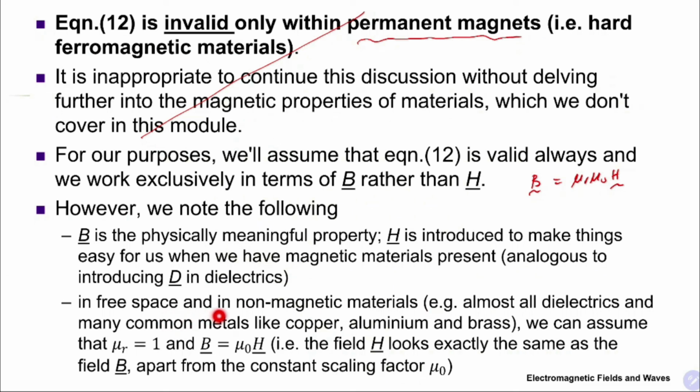In free space, in non-magnetic materials, almost all dielectrics and many common metals like copper, aluminum, and brass, we have mu R equals 1. And therefore, B and H differ only by a scaling factor of mu naught. So you can interchange between the two by just keeping in mind the factor between them.